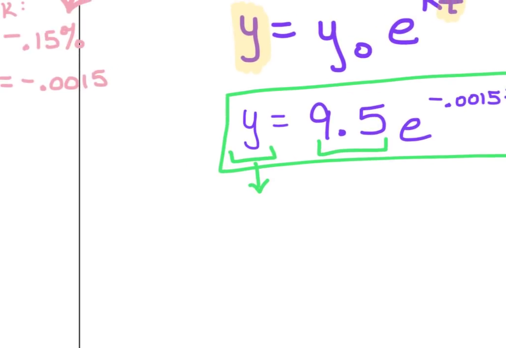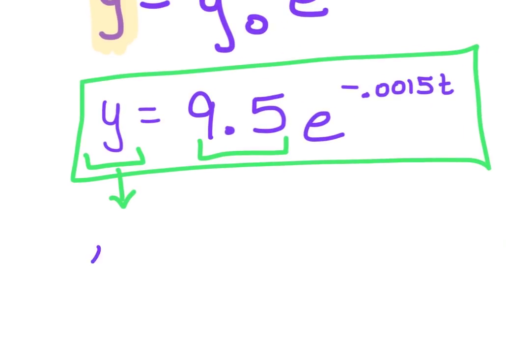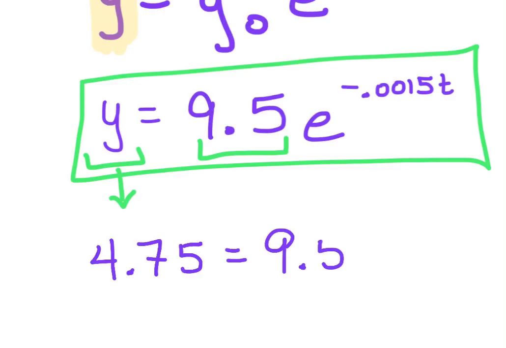In your calculator, just do 9.5 divided by 2, and you should quickly see that you're looking to see when the population is going to be 4.75 million people. And you're going to solve this equation for t.